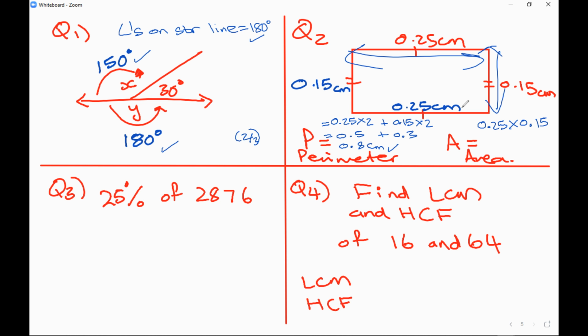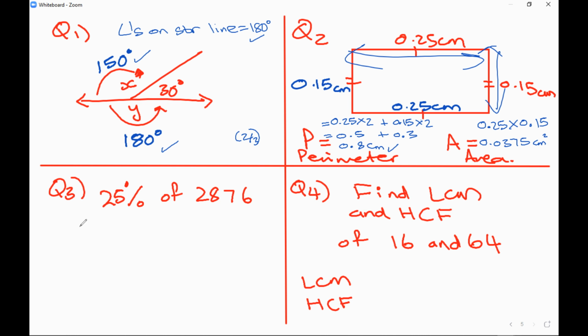So 0.25 multiplied by 0.15 comes to 0.0375. And that's your area in centimeters squared.